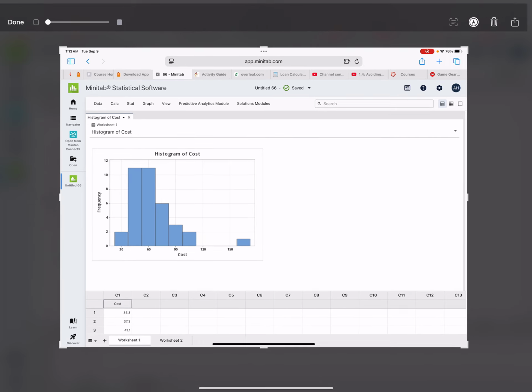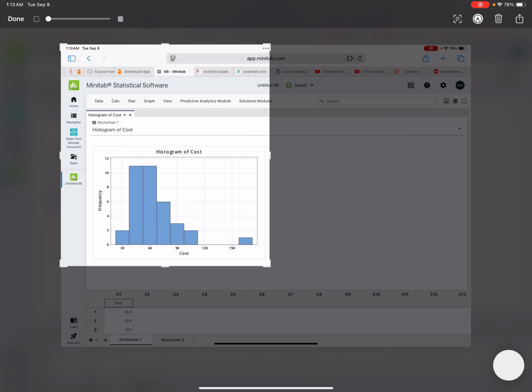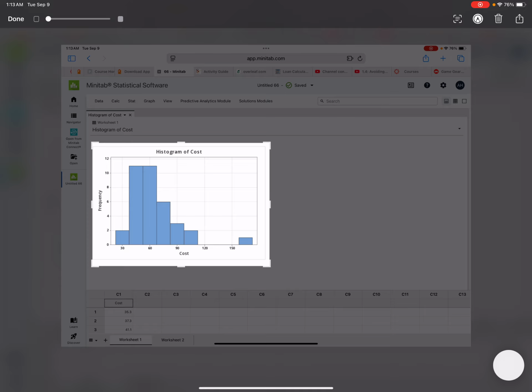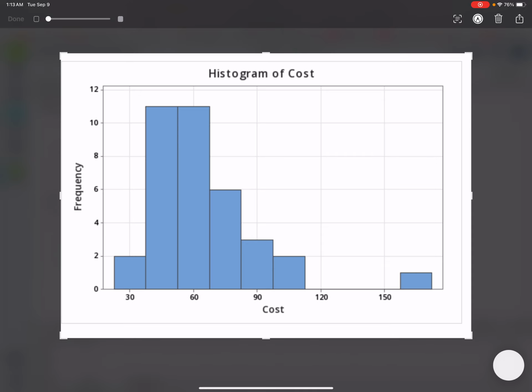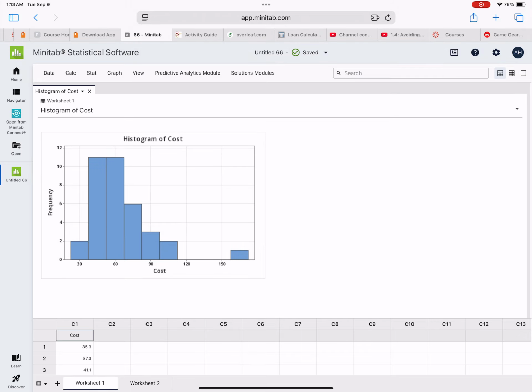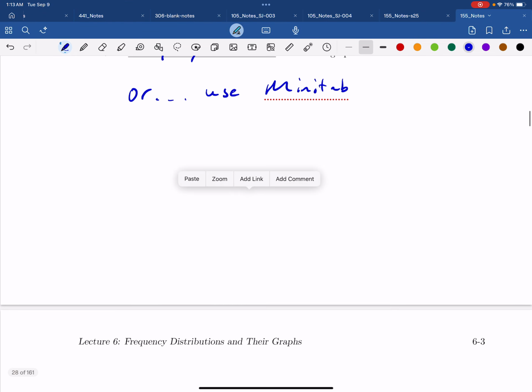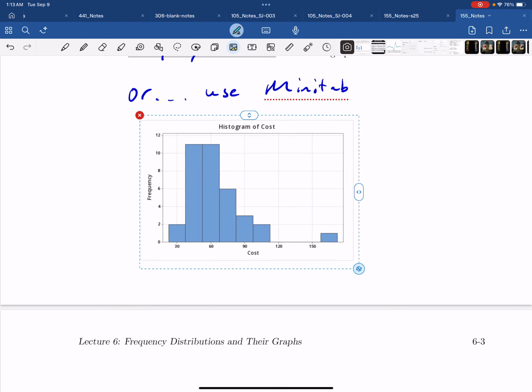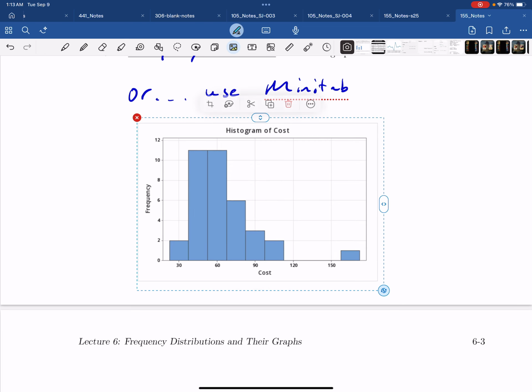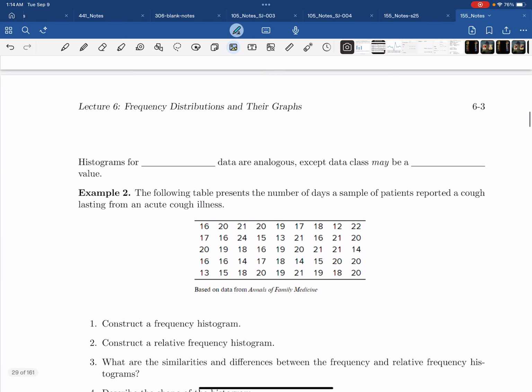Okay, and so we'll just go ahead and copy and delete that, stick it right in here. And there you go.